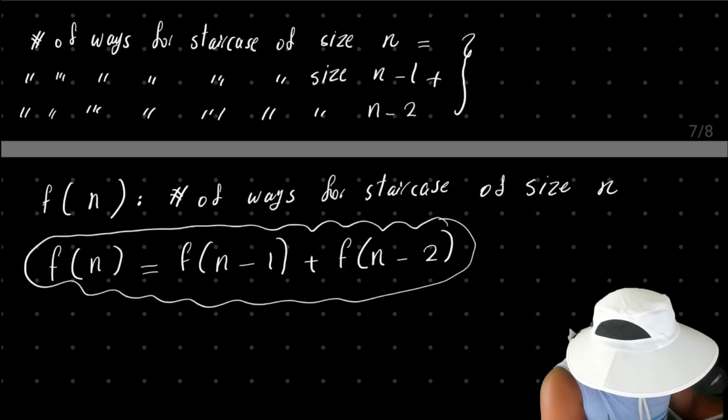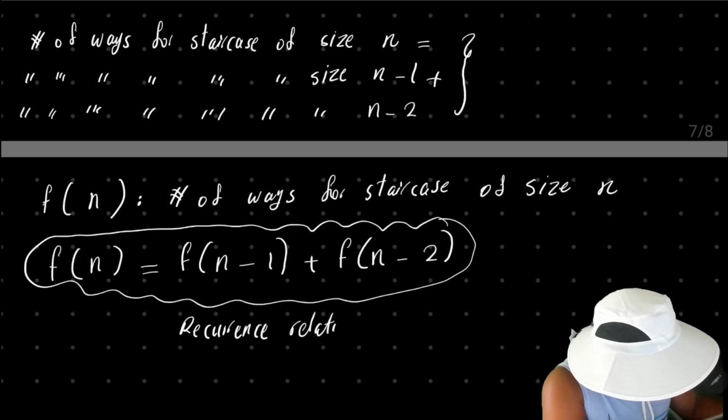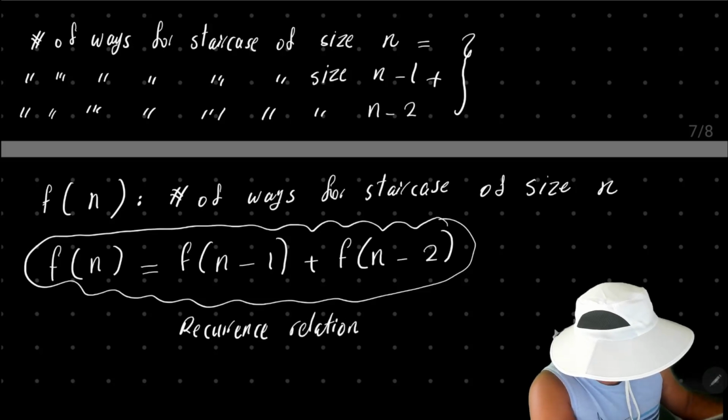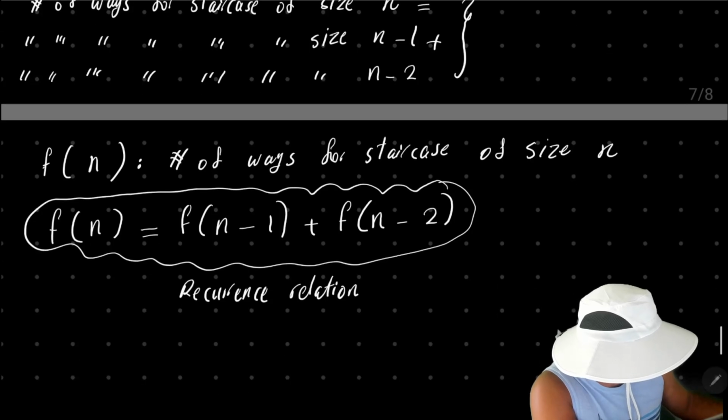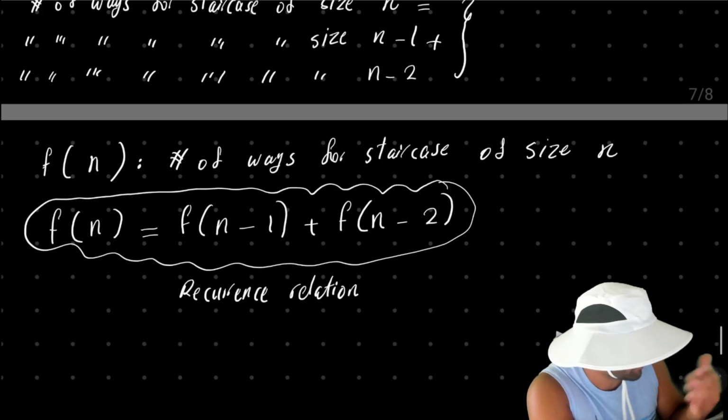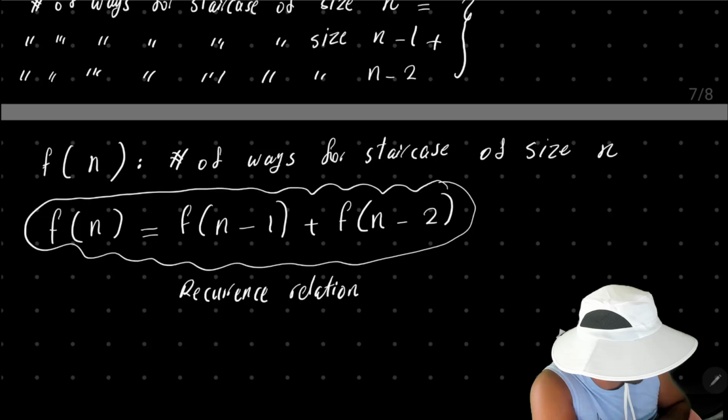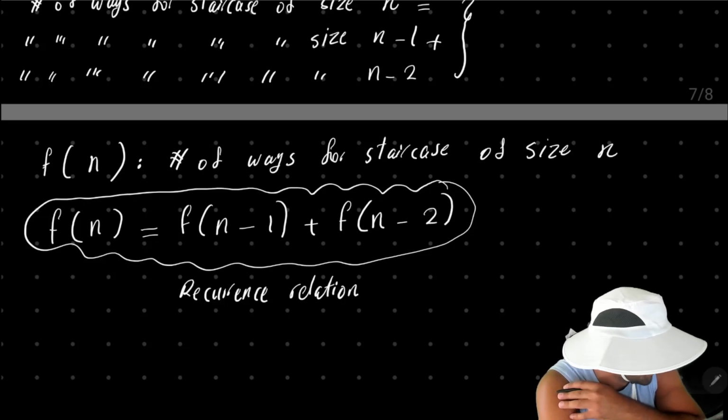We call this a recurrence relation. You can call it recurrence or recursion, whatever you like. This is the whole idea of how to solve this problem.